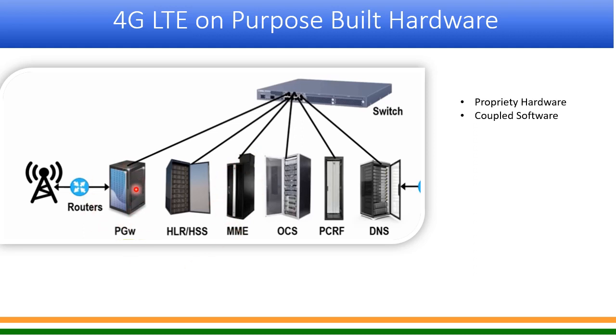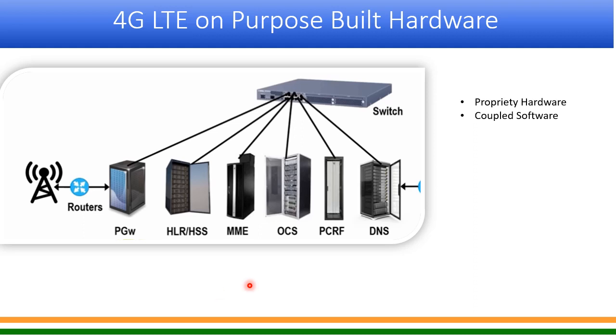It is not possible to use this P gateway box as an MME, or the MME box as an HLR. Every node or hardware is purpose-built, that is, the purpose of this box is to work as a PDN gateway and so on.